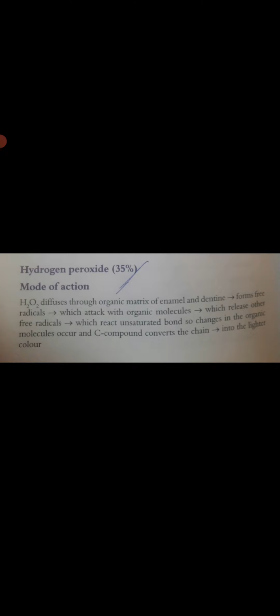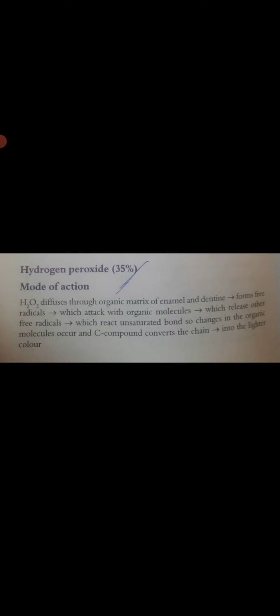The mode of action of every bleaching agent is that it dissociates into free radicals, and these free radicals change high molecular weight organic pigments into low molecular weight. High molecular weight pigments reflect more light, therefore the tooth is discolored.